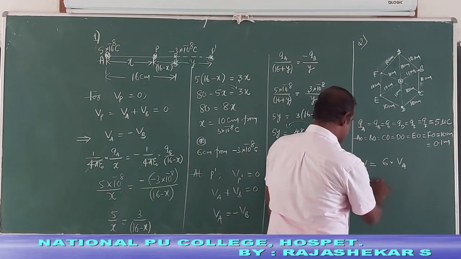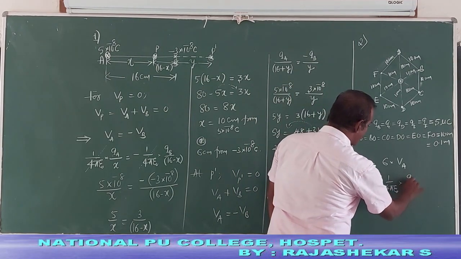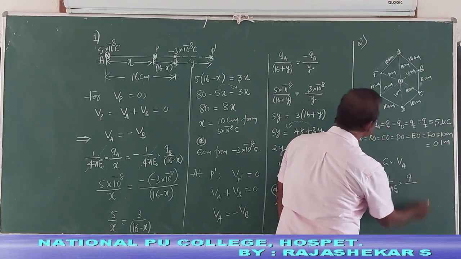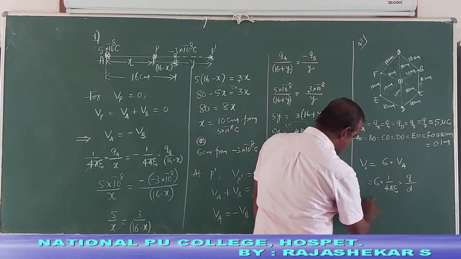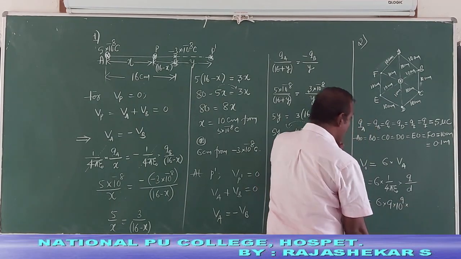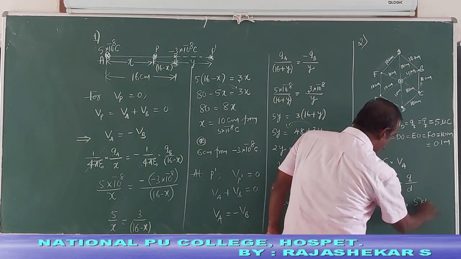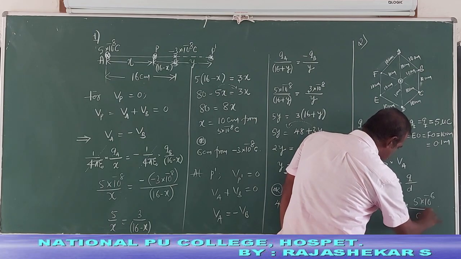Therefore, this is 6 into 1 by 4 pi epsilon naught into charge Q divided by this distance d, which is equal to 6 into 9 into 10 to the power 9 into 5 microcoulomb divided by distance 10 centimeter, 0.1 meter.